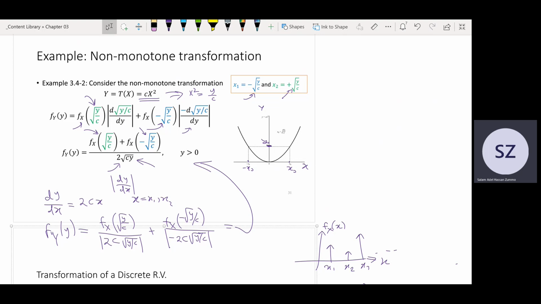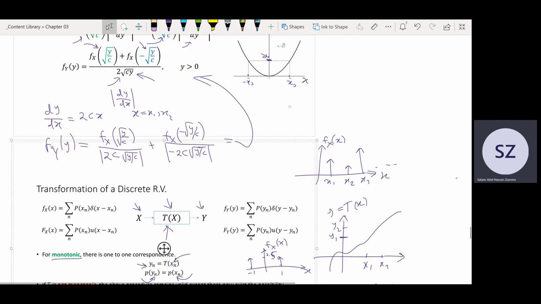Are they mutually exclusive, or is there a relation between them? Can x0 and minus x0 happen at the same time? No, so they are mutually exclusive. So the probability of y0 equals the probability of x equal x0 or x equal minus x0, which is the summation of the probability of x equal minus x0 plus x equal x0. Voila.